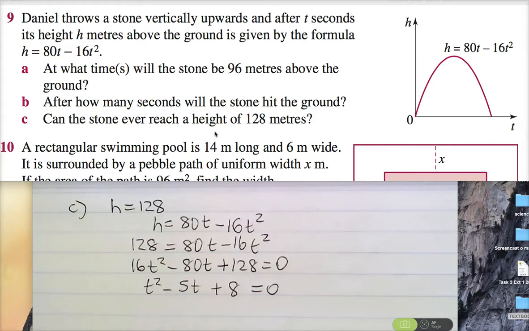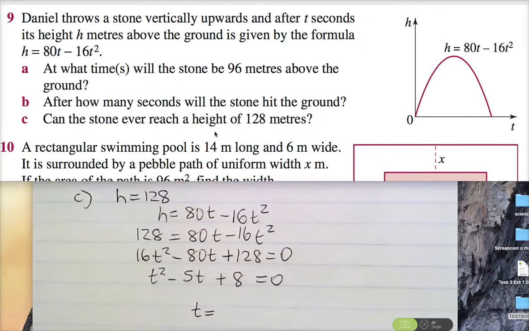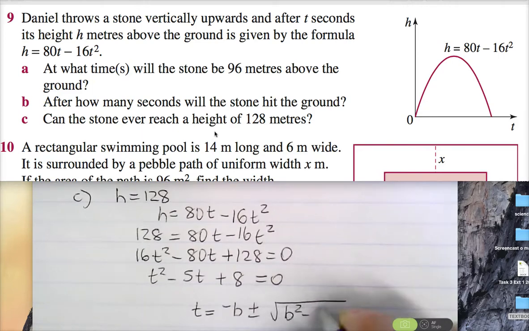No, girls, you could try the quadratic formula. So if you can't factorize it, let's try the quadratic formula. It means the answer could be a fraction, but let's just see what we get. T equals negative b. Why am I putting t equals negative b instead of x?